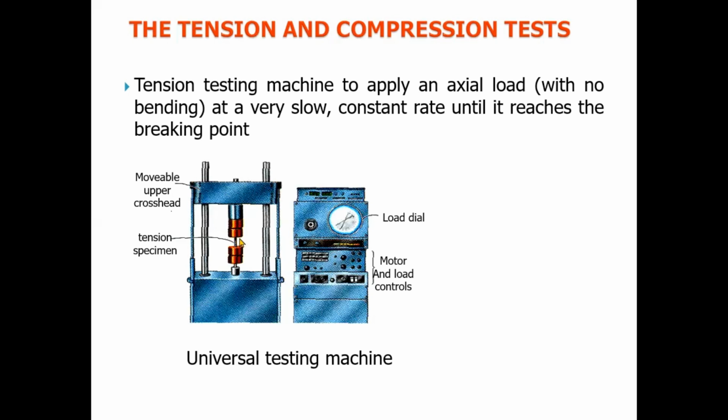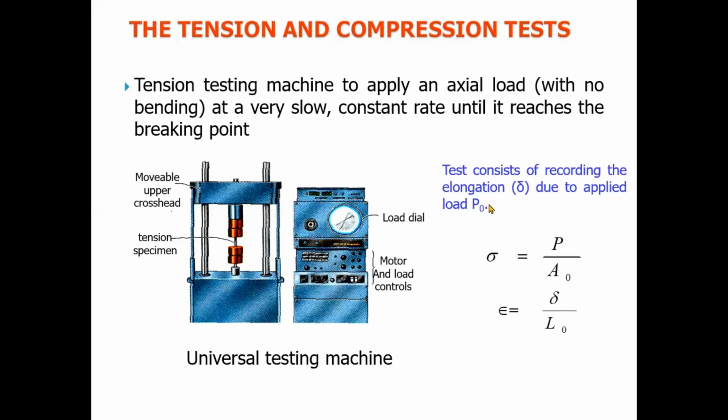It will create tension in the steel bar, and ultimately it will break. But we have to keep a constant rate, and we apply the load slowly. So it will reach the breaking point, and that is the tension strength of the material.